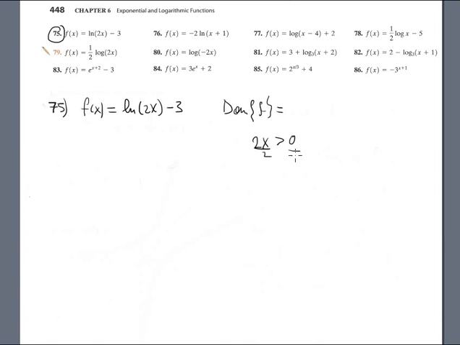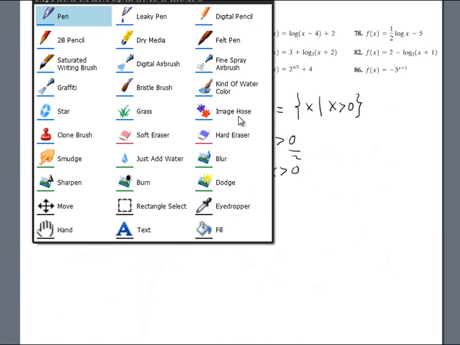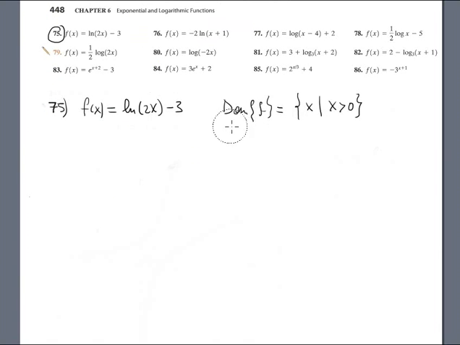Dividing both sides by 2, x is greater than 0. This is the restriction. It's all positive real numbers. Okay, this is the domain.